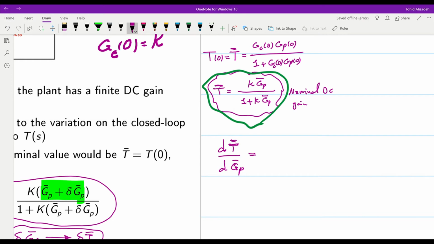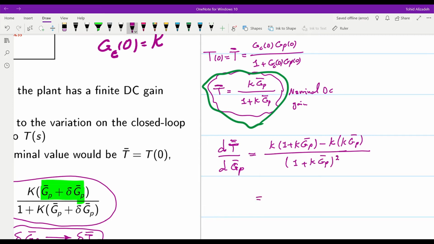If we do so, we will get K times (1 plus K GP bar) minus K times K GP bar, over (1 plus K times GP bar) squared.